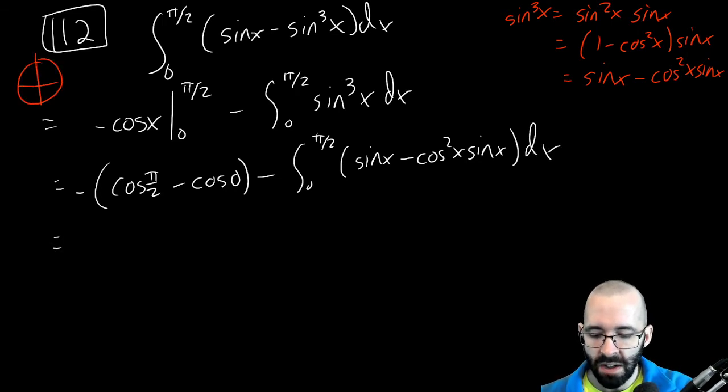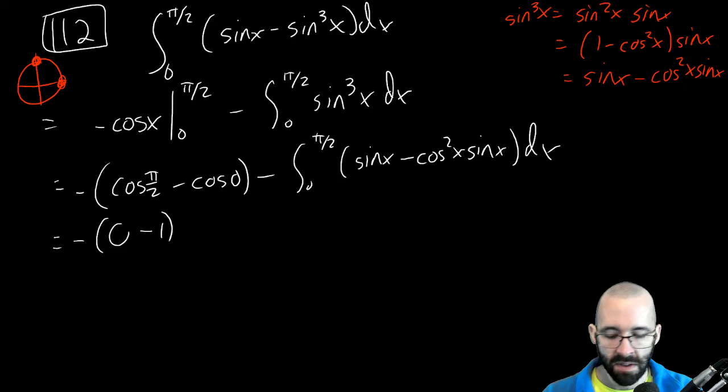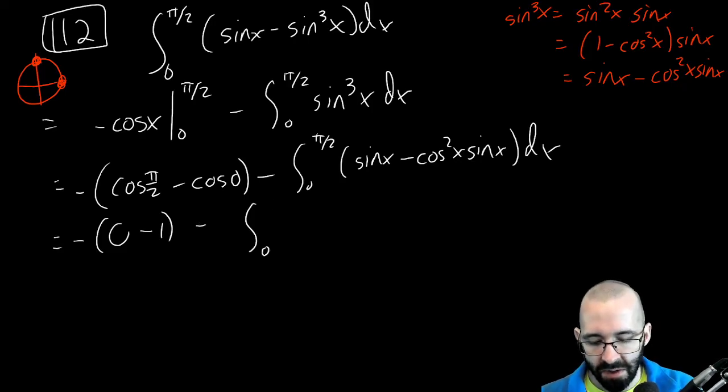Cosine is the x coordinate on the unit circle. X coordinate here is 0. X coordinate here is 1. It becomes 0 minus 1, like so. And we'll have to split up these two integrals.